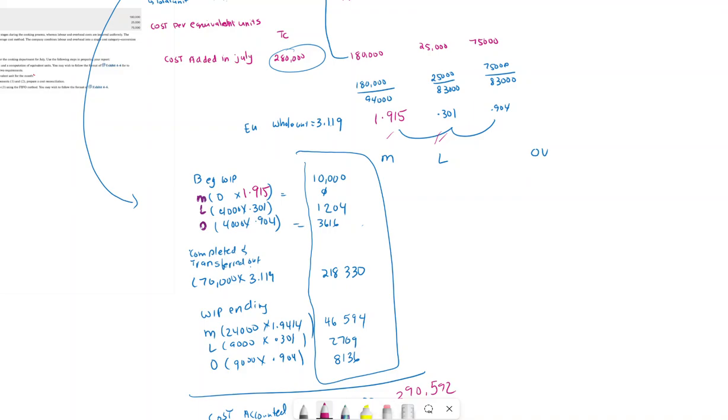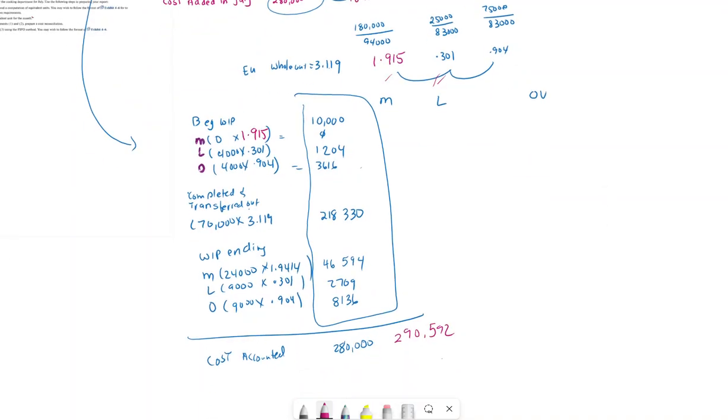This number is also incorrect, where I multiply by 1.915. That should be a different number. 24,000 multiplied by 1.915, I got 45,960. I think the rest is okay.